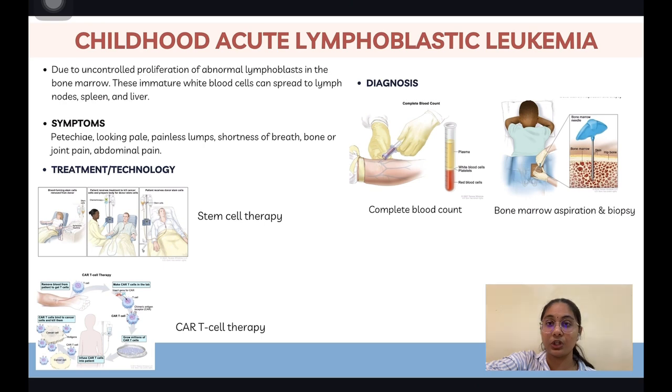These stem cells grow into the body's blood cells. The donor stem cells may also find and kill any cancer cells left in the body. Stem cell transplant is rarely used as initial treatment for children and adolescents with acute lymphoblastic leukemia. It is more often used as a part of treatment for acute lymphoblastic leukemia that relapsed.